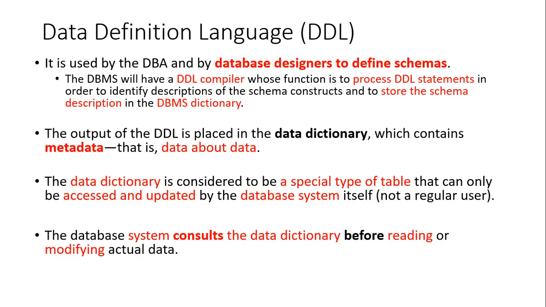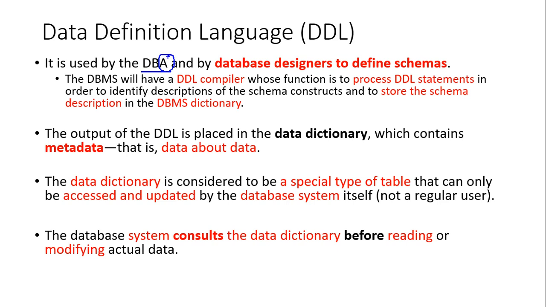Now let's summarize what we have learned about data definition language. Generally it is used by the database administrator. Who is this database administrator? An administrator is a person who administers, who controls the thing.